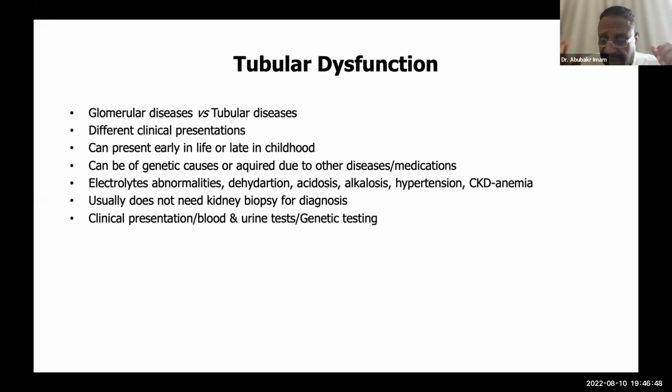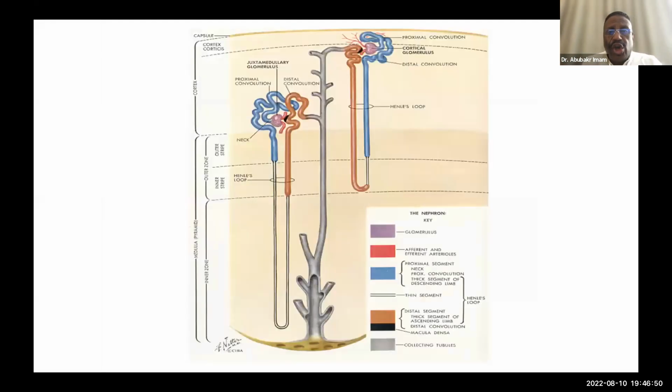So with that in mind, I'd like you to look at this slide with me, and we're going to take the journey as we go here. The filtration takes place at the level of the glomerulus, down here, and as soon as it comes out from the glomerulus, it comes to the proximal tubule, and it goes through the loops of Henle, and it comes into the distal part of the nephron, and then as we go down to the collecting ducts.